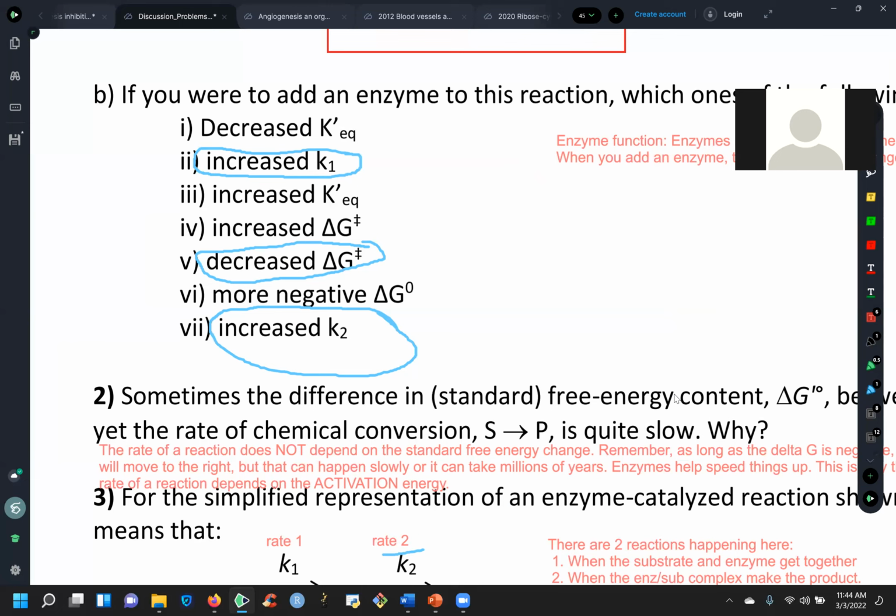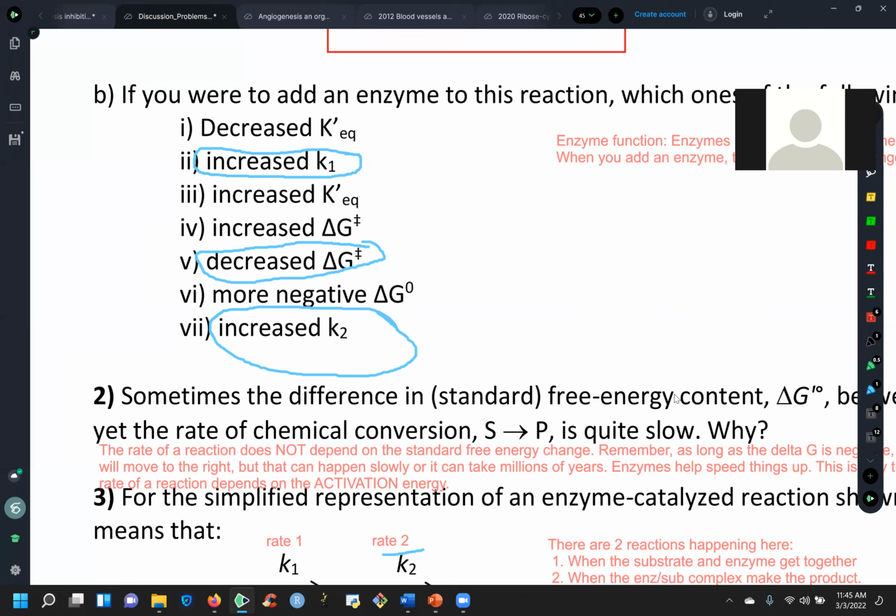Okay, so decrease delta G. Well, does that make sense? What is delta G again? So if you add an enzyme, does that decrease delta G? So when delta G is negative, I like to just rewrite this for my own sake. When delta G equals negative, and I want to emphasize negative.